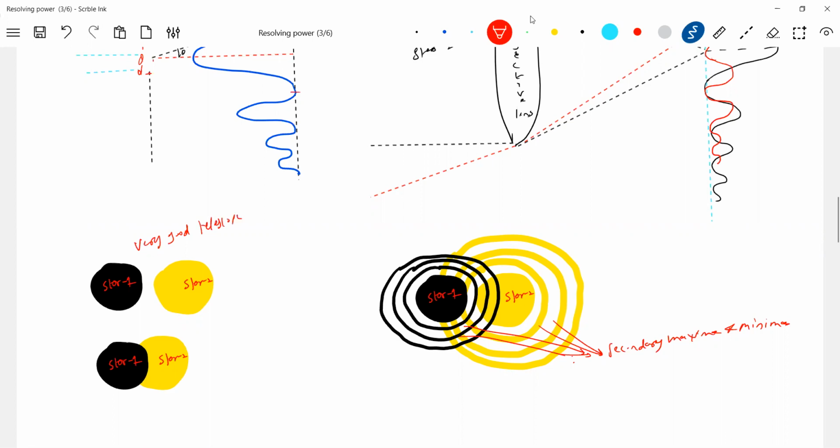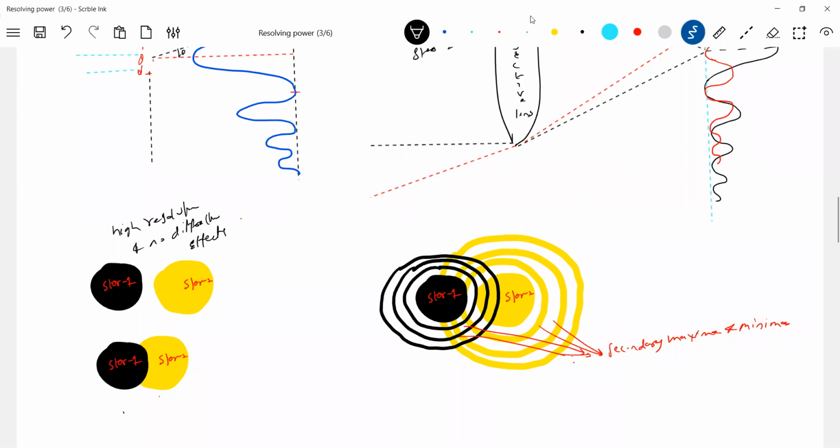Ray optics is not valid. What about here? It's a good telescope, but the resolving power is very poor. Very good telescope, high resolving power, and no diffraction effects. High resolution and no diffraction effects.